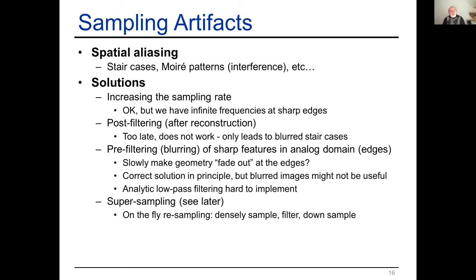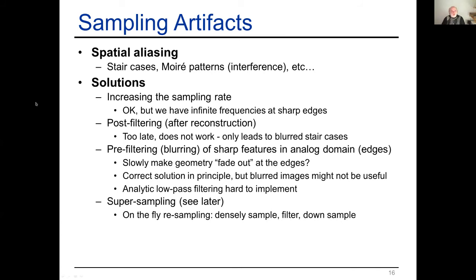And yes, you might blur the error. It might not be as visible, but you've just made your resulting signal even worse, right? You might have blurred the error as well, but you've also blurred the original function. So post-filtering is not a solution. That does not make any sense.